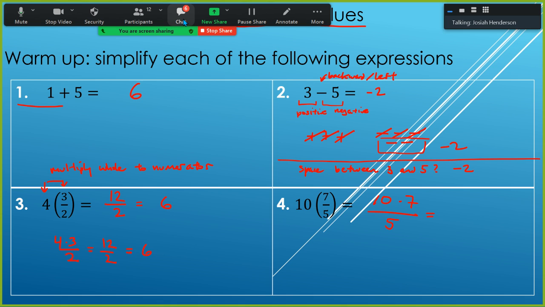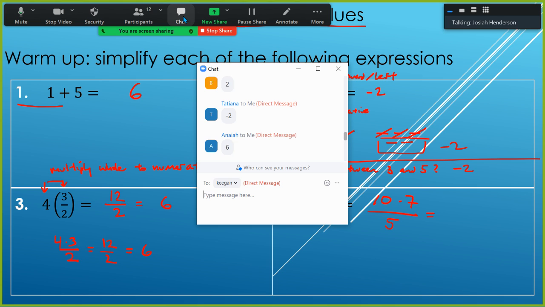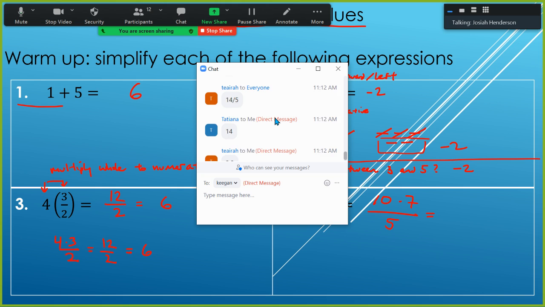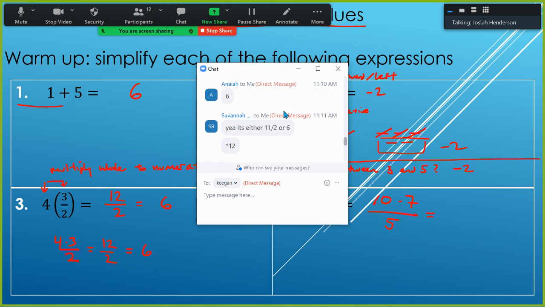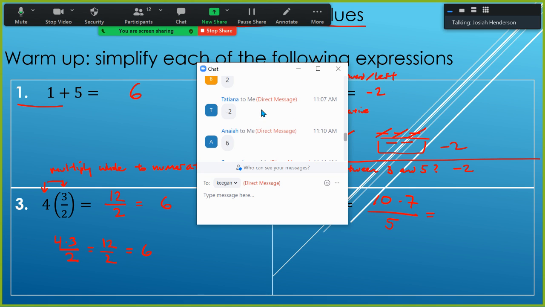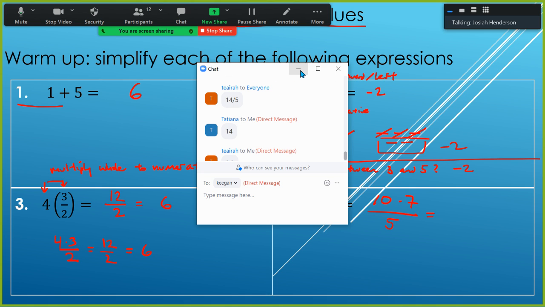Let's go. At least try it. You don't have to get it right. Just try it. That's all I want to see. 7 of you. High five. I'm going to call it. Let's see what you guys got. Tira, thank you. And Tatiana. And Savannah, Anaya. Savannah, high five, dude. Anaya. Okay. Thanks, you guys.